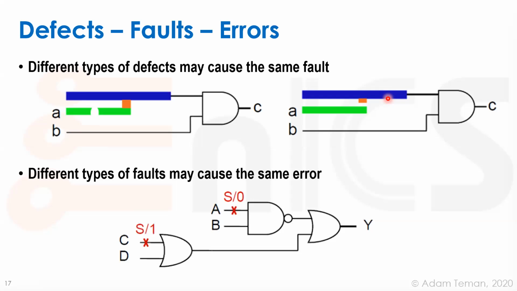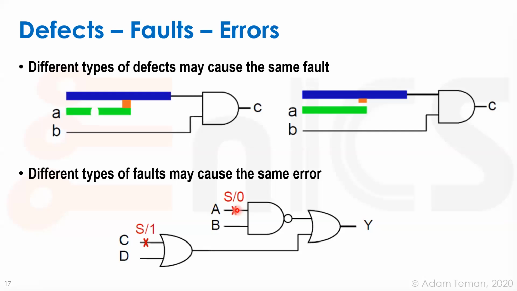Okay. Also, different types of faults may cause the same error. So in this case, we have a stuck at 0 error on this NAND gate, and this stuck at 0 error will cause a 1 to be on this node. Here we have a stuck at 1 on the OR gate, and that will cause a 1 to be here. And it doesn't matter if we had the stuck at 0 fault here or the stuck at 1 fault here. Both of them would cause a 1 at the OR gate, and in the end, the output would be stuck at 1.